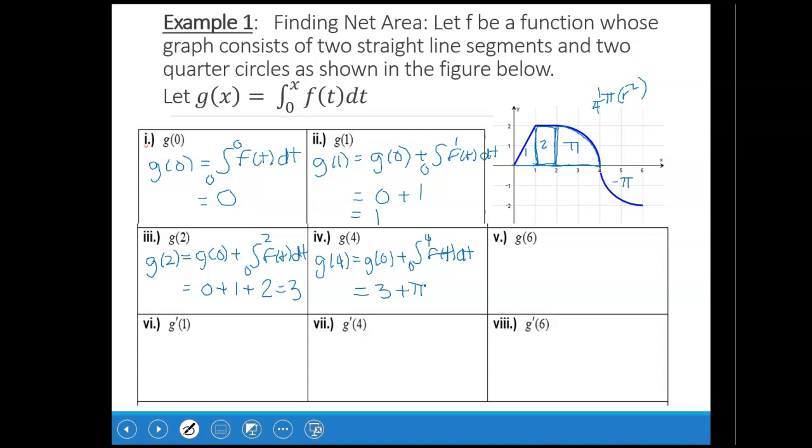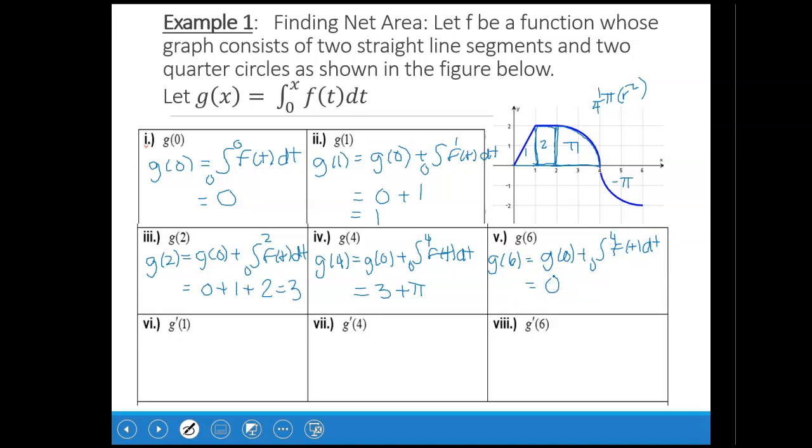So g of 6, when you think about a quarter circle, well now that graph is going to be above and below. So we have this area that is going to essentially cancel within itself. So g of 6 is equal to g of 0 plus 0 to 6 of f of t dt.